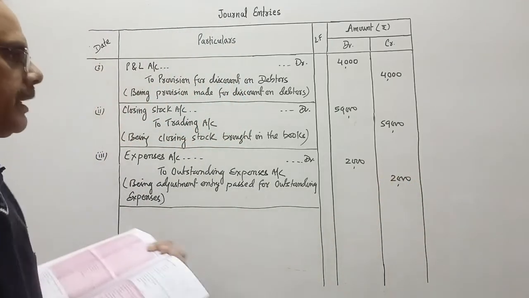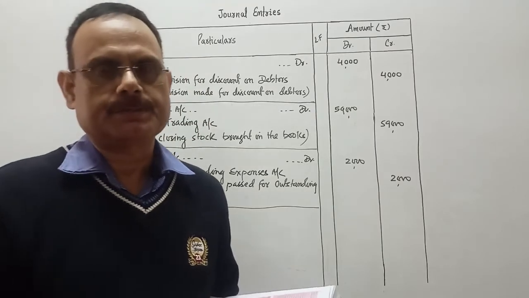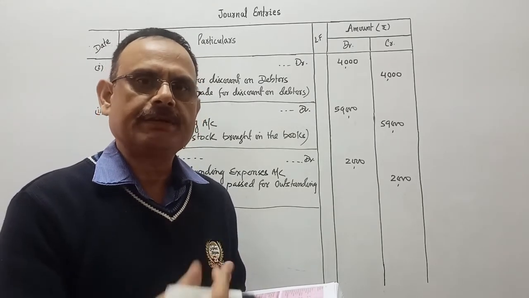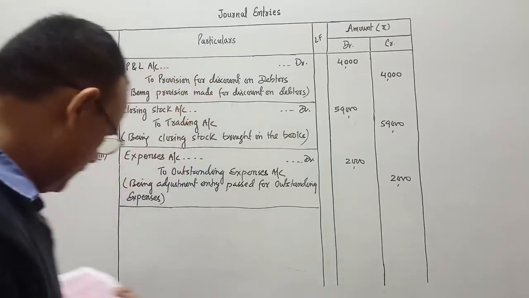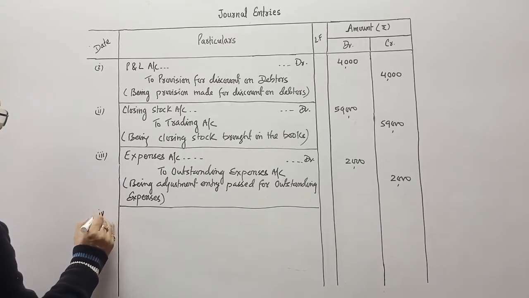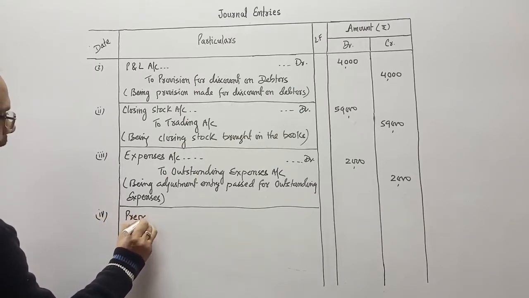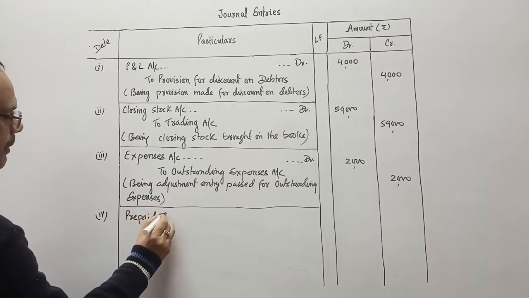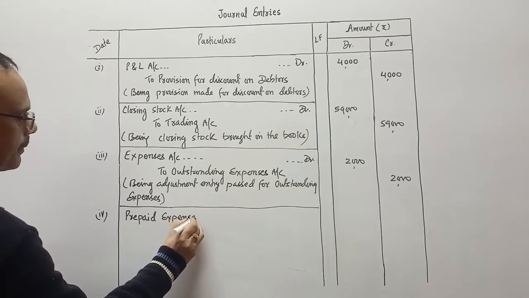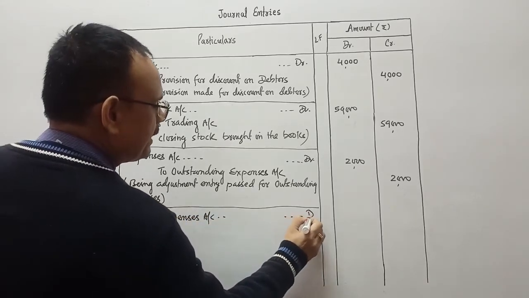Okay. Next adjustment is prepaid expenses. Prepaid expenses are paid in advance. If this is given in the adjustment, then prepaid expense will be debited. Prepaid expense is an asset.